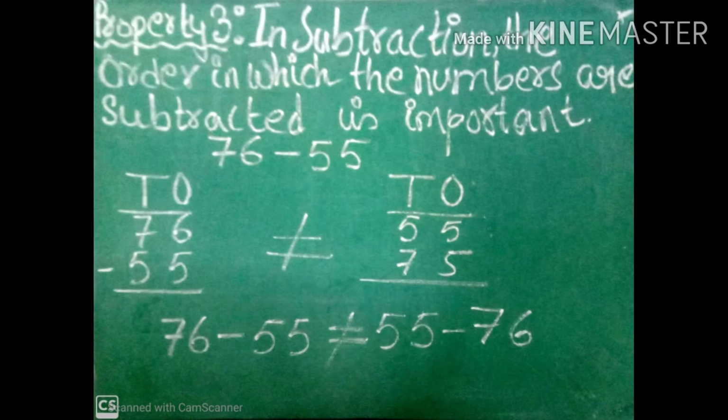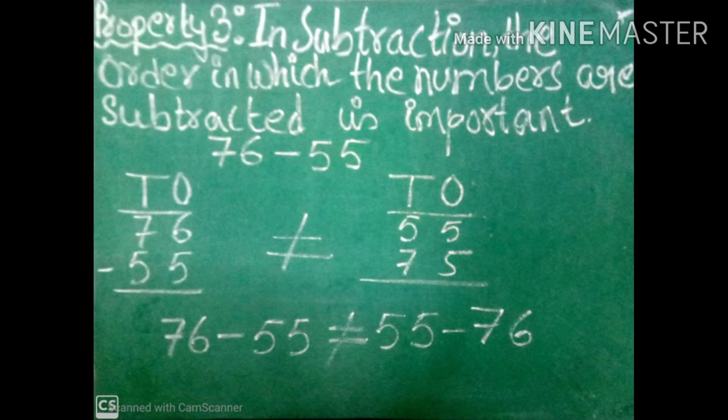Property 3 says that in subtraction, the order in which the numbers are subtracted is important. Let us take the numbers 76 and 55. First I have written 76 minus 55, and in the second column I have written 55 minus 76.